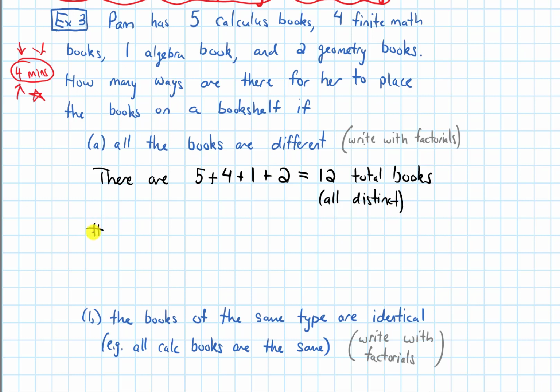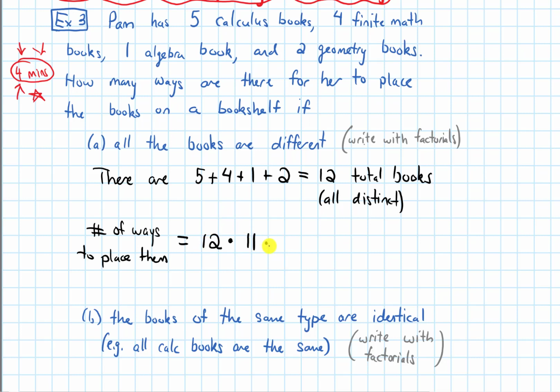So the number of ways to place them, we can just think about this in terms of spot by spot. There's 12 total books, so that means there's 12 choices for what book goes in the first spot. And then I multiply that by the number of ways to place a book in the second spot, which is going to be 11, because I could put anything there except for the book I put in the first spot.